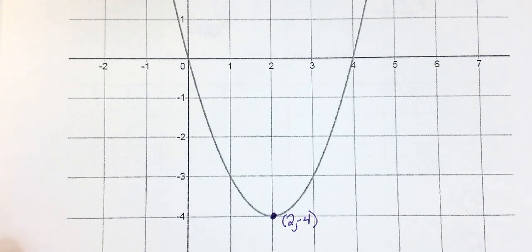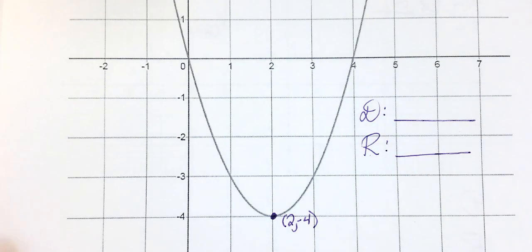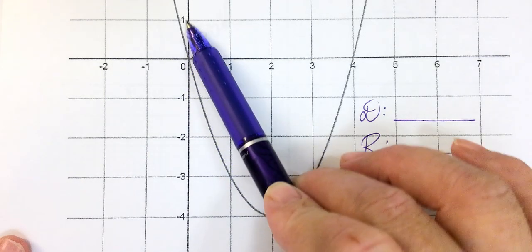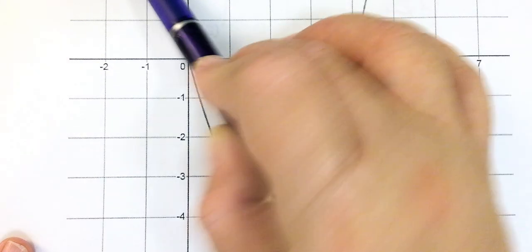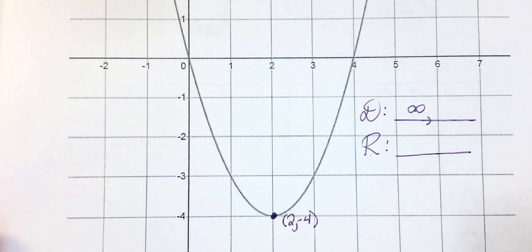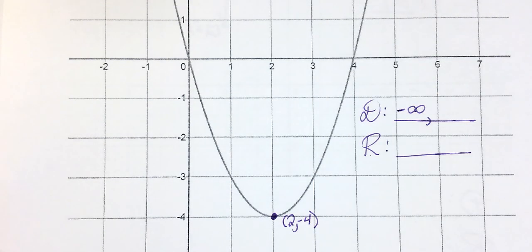And now let's find the domain and range. So our domain is left to right. How far left, how far right, x values. So how far left does this go? Well, again, it goes off the graph, so we assume that it goes on and on and on forever. So that will be infinity. But if it goes to the left, it's negative. And because it's infinity, you get a parentheses there.